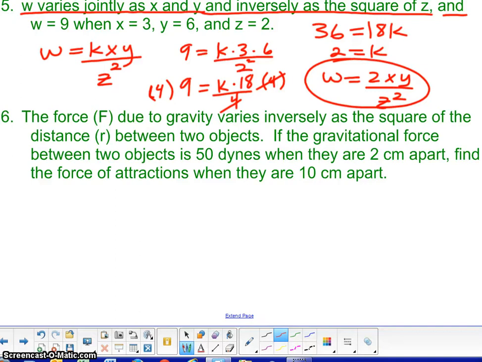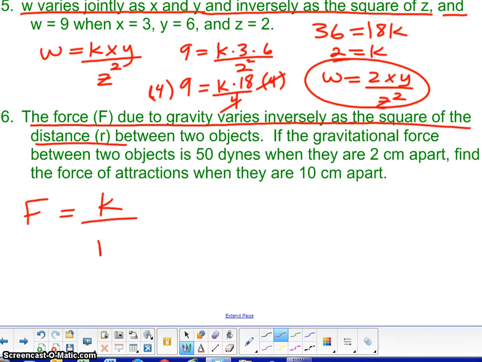Okay, and then last but not least is the more fun. I love it when you can make a prediction at the end, after doing all the work. So let's use the variables given. F varies inversely, so it's going to be division, as the square of the distance. Okay, use the variables given. That's going to help when you start plugging things in.